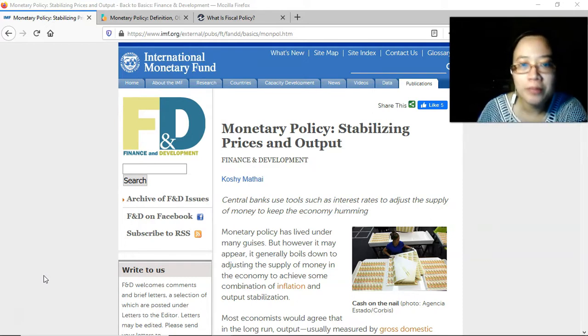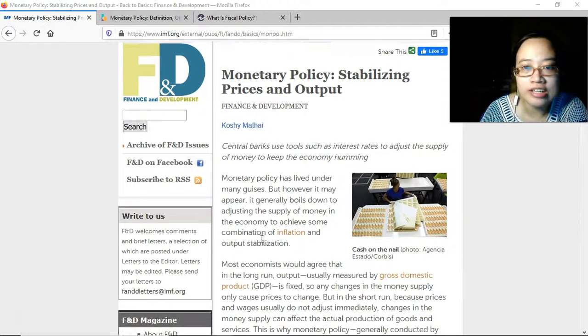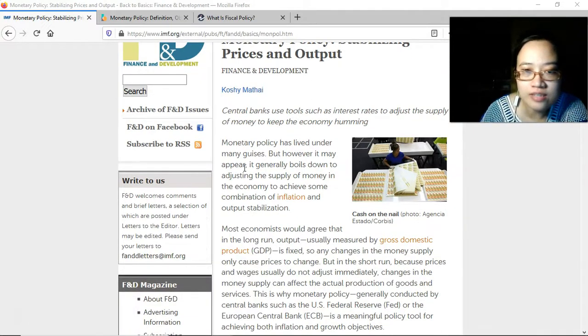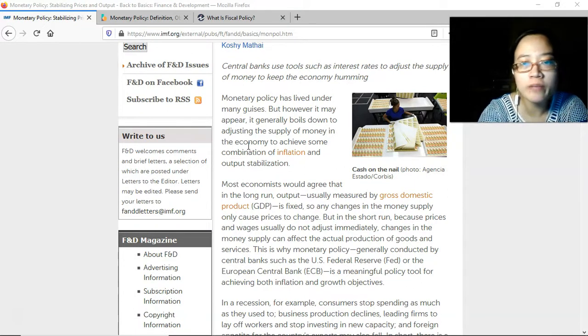Okay. Monetary policy, let's read the article, has lived under many guises, but however it may appear, it generally boils down to adjusting the supply of money in the economy to achieve some combination of inflation and output stabilization. So what monetary policy normally does is monitor and then control the supply of money in the economy.